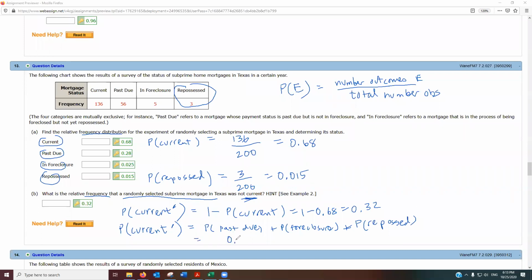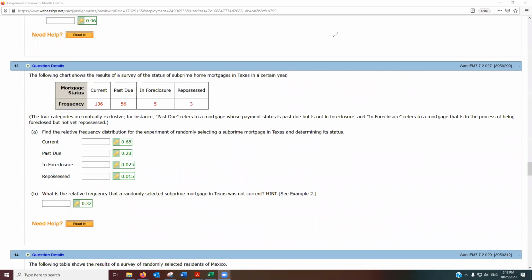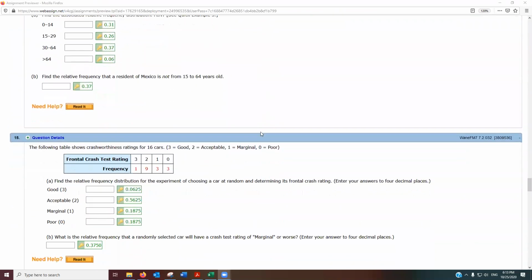Past due was 0.28, foreclosure was 0.025, and repossessed was 0.015. If you add these up, you get the same answer, 0.32. All right, so this is calculating relative frequencies.